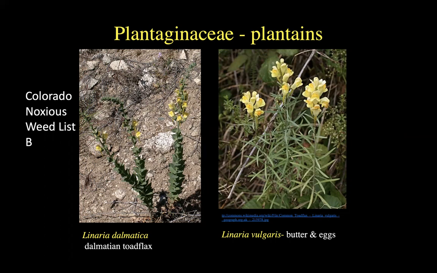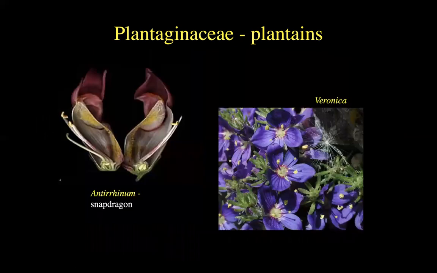List B, which is worse than list C. Like, I try and take these out when I can through hand pulling because I'm a fool. It doesn't work. Some nice members of the Plantaginaceae, just for funsies, include the true snapdragon, Antirrhinum, which you can dissect, as well as my daughter's namesake, Veronica.